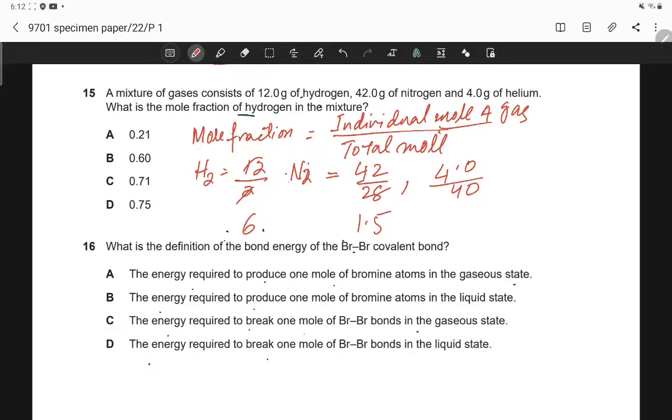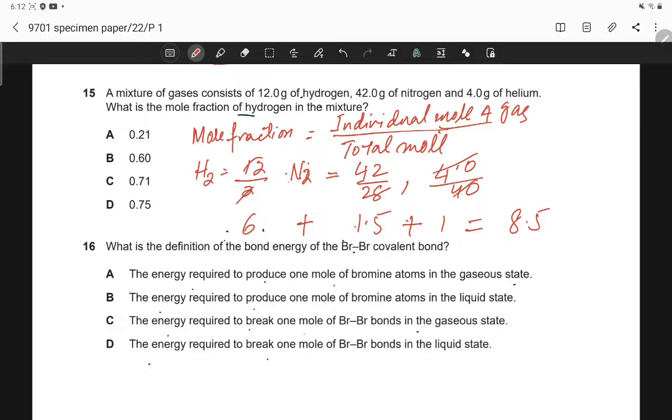And helium, 4 gram divided by 4, is equal to 1. 6 plus 1.5 plus 1 is 8.5.